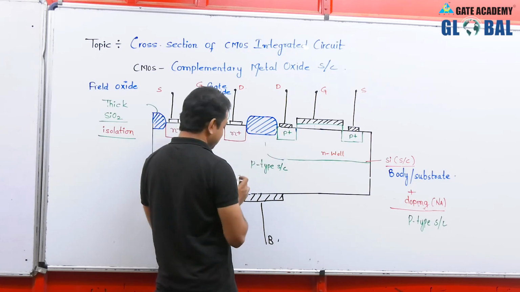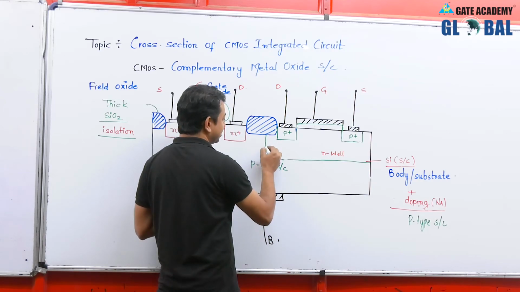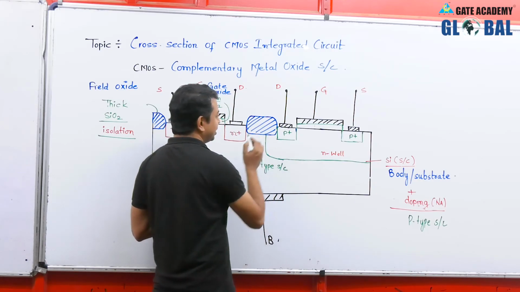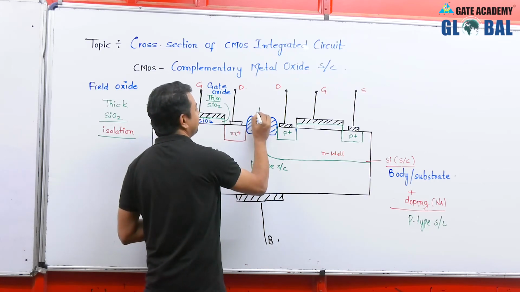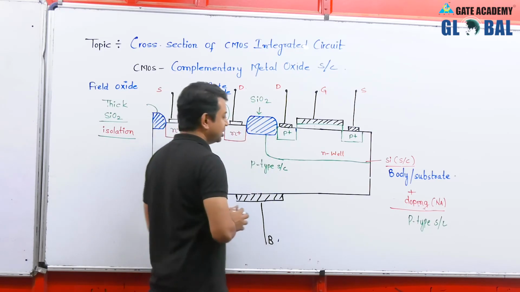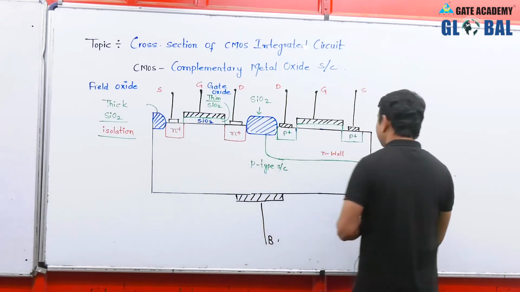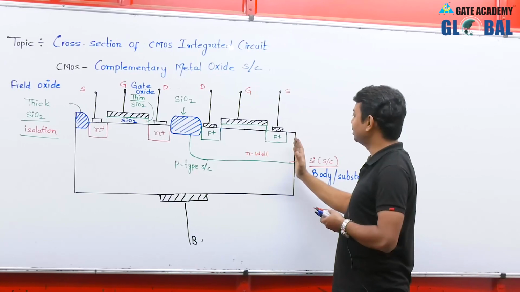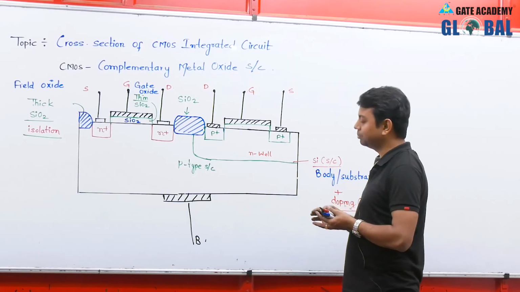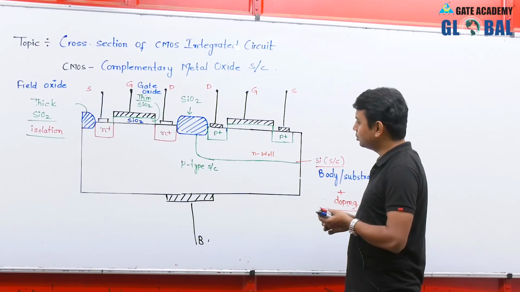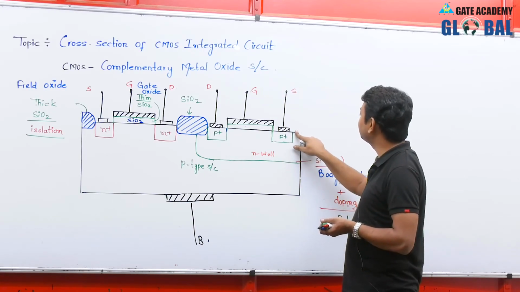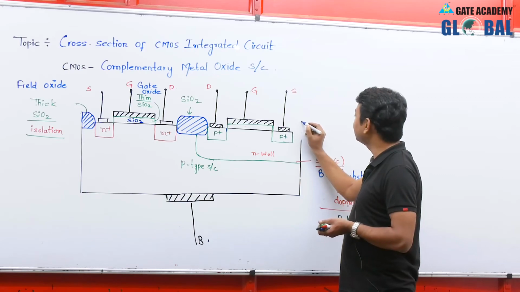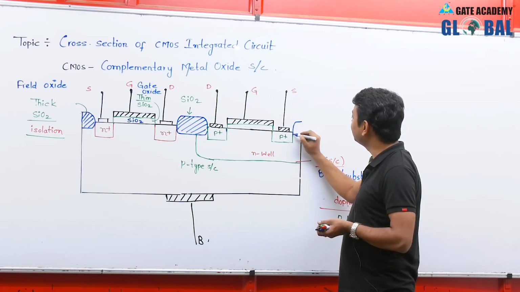Every device fabricated in a single chip is isolated from the others by using this thick isolation silicon dioxide. This is also silicon dioxide used for isolation. If you fabricate another device beside this CMOS device, we have to isolate both devices by again using a thick layer of silicon dioxide.